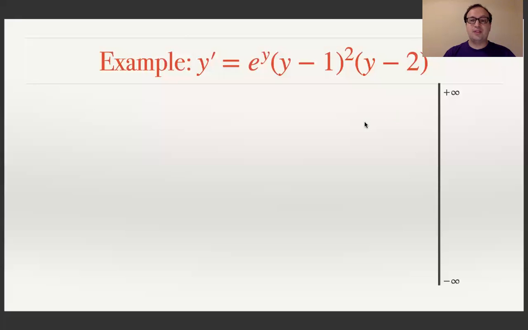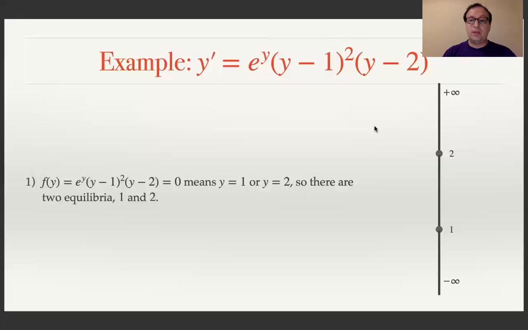Okay, so once again, this is how we draw the phase diagram. First, we draw a vertical real axis from minus infinity to plus infinity. Then on this phase diagram, we figure out where the equilibria are.